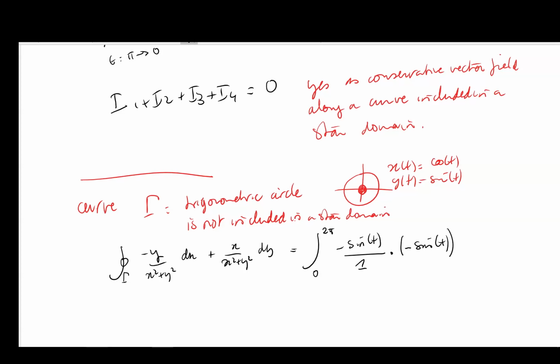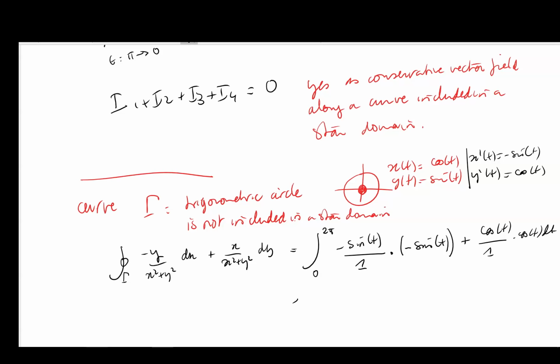So x prime is minus sine of t, y prime is cos t. That's the first part, plus the Q part: x is cos t over x squared plus y squared, that's 1 again, times y prime, we said cos t dt.